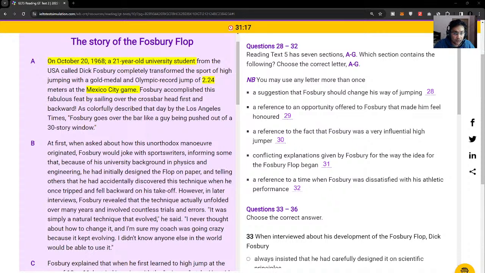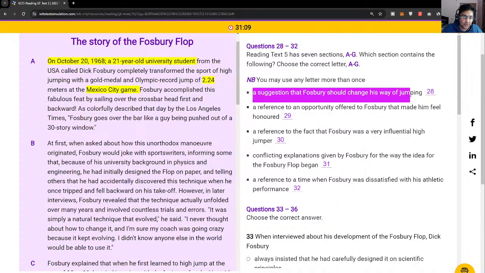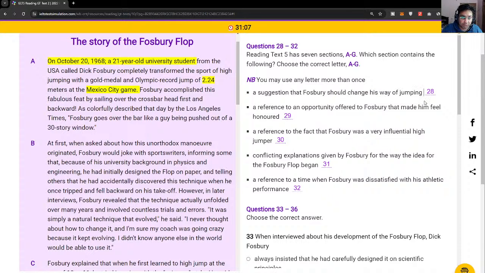All right, so let's see. A suggestion that Fosbury should change his way of jumping? No. I don't think so about that.